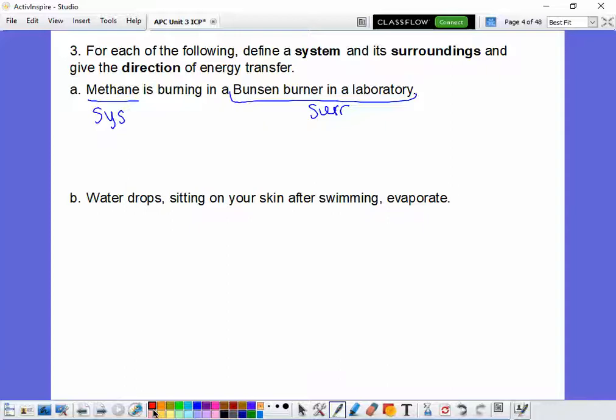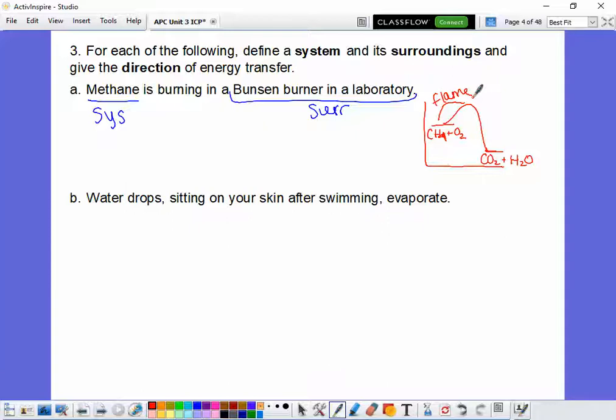Okay, have you ever seen a reaction profile that looks similar to this? Yeah, so here's my methane and my oxygen gas. And then what are my products? CO2 and H2O, right? So this part here is where we put it in the flame. What else is that called?